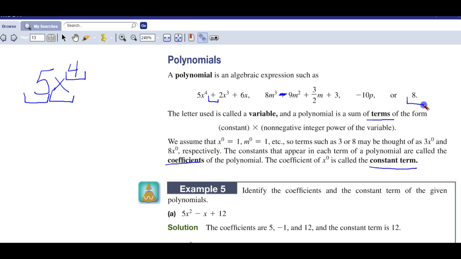This would be a constant term, or just the numerical part. These are things they'll ask you to pick up in your practice and quiz: What is the numerical coefficient? What is the exponent? What is the base? Now remember, the base here is only the x, and they'll give you some practice work.